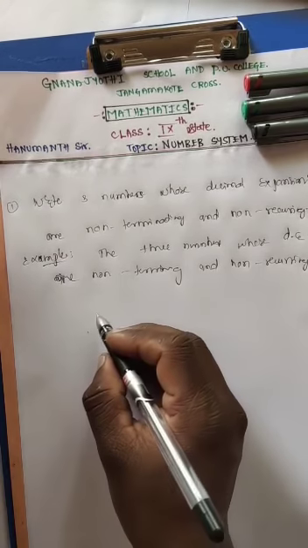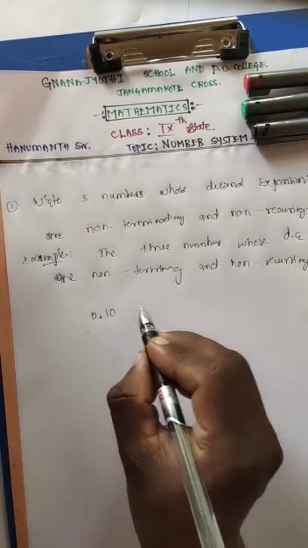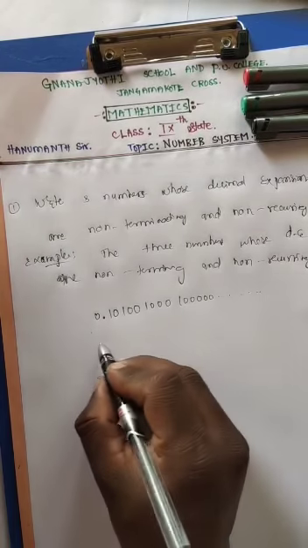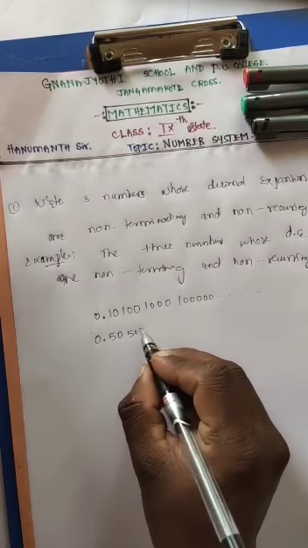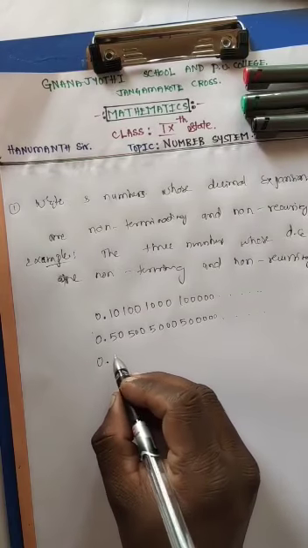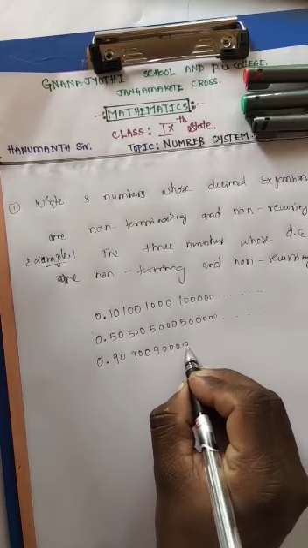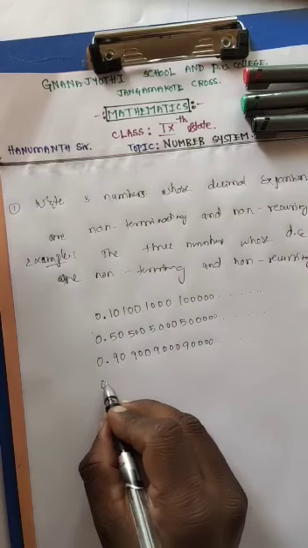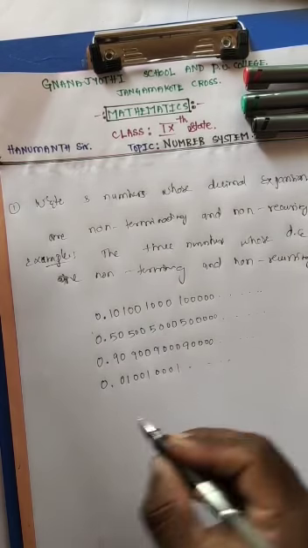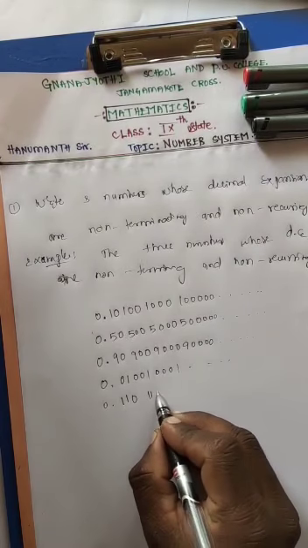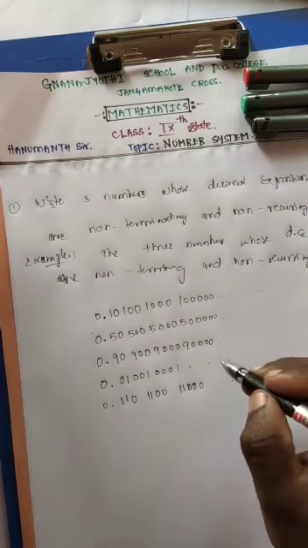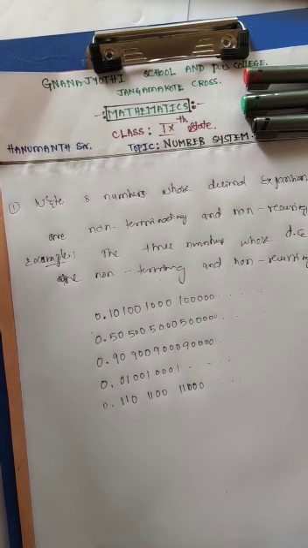Suppose I take 0.10, 100, 1000, 10000, etc. If I take this one, 0.50, 500, 5000, 50000, etc. If I take this, 0.90, 900, 9000, etc. If I take this, 0.01, 001, 0001, etc. If I take this, 0.110, 1100, 11000, etc. All these examples are non-terminating and non-recurring form, right?